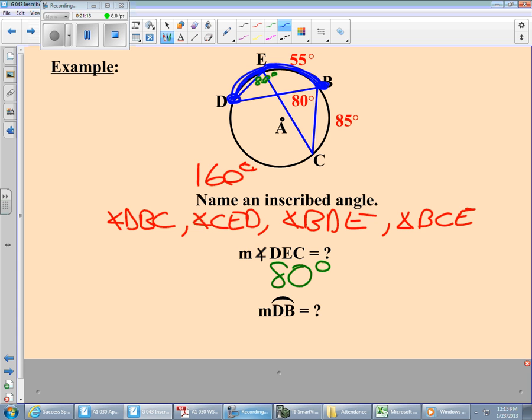Do we have all the information we need, or is there something missing? Okay. How about this guy right there? Okay, we have part of arc DB. We've got EB, but we don't have D to E. So what can you think of? What might we be able to do to figure out what measurement is missing there on arc DE?